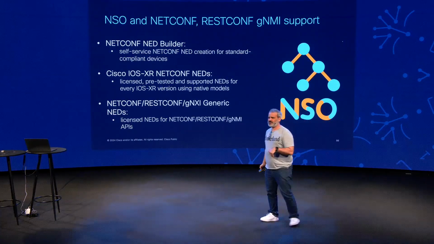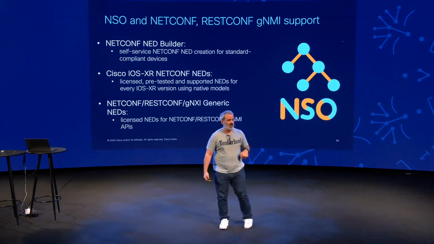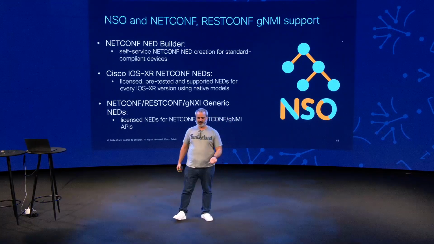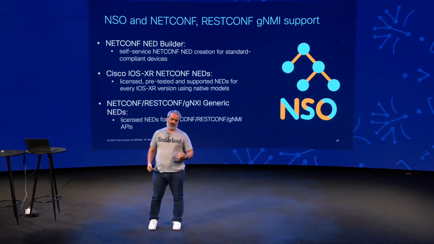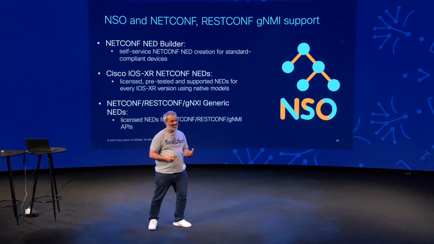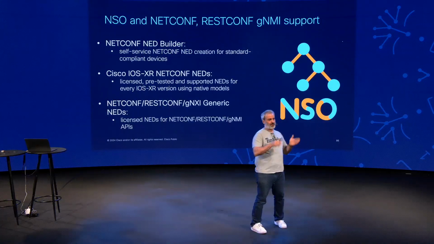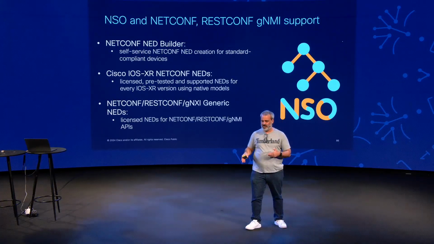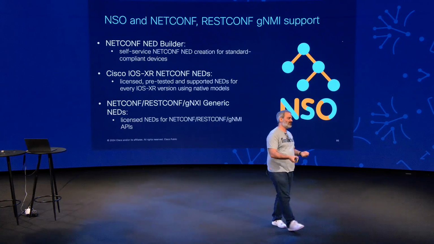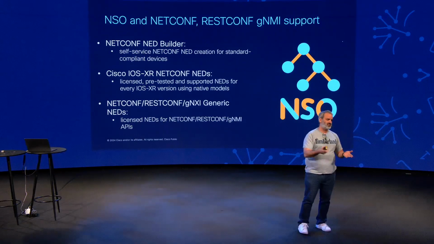Now, the third option is, again, something that was mentioned today during the Orange presentation, and it has to do with the idea of these generic or special NEDs, correct? So these are still licensed NEDs. They are for NetConf, RESTCONF, and gNMI, and we issue them for specific vendors. So you can have a Nokia, as we discussed today.